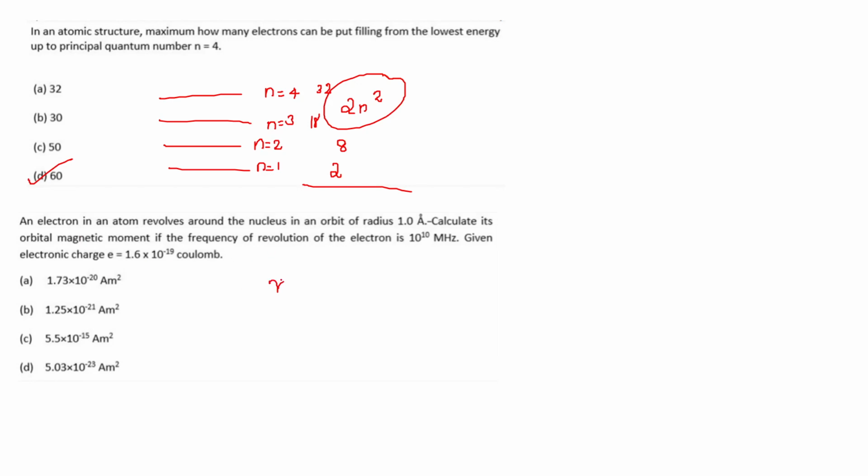So radius r is given here, equal to 1 angstrom. Calculate the orbital magnetic moment if the frequency of revolution of the electron is 10 to the power 10 megahertz. So we have to calculate the orbital magnetic moment.